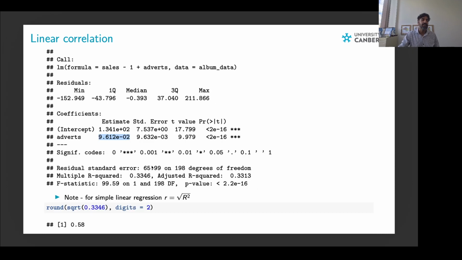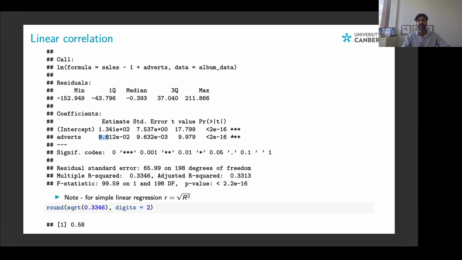So what we'd need to do is actually move it back to the right, I think, by 3 decimal places. So overall, the decimal place goes to the right by 1. What this means, if we were to interpret this, is that for every 1 unit increase, or $1 spent on advertisements, you get 96 additional record sales. And so that's the positive relationship that we see there.